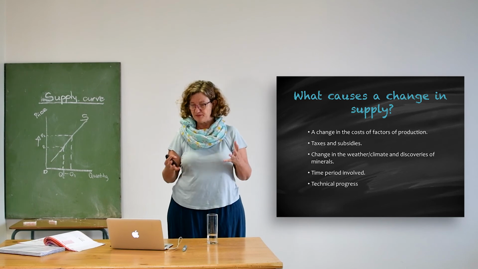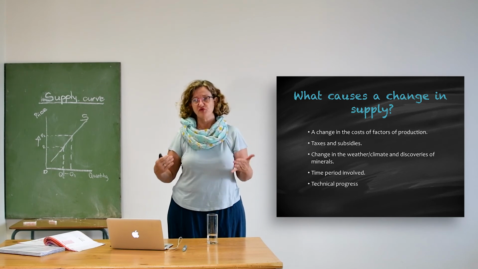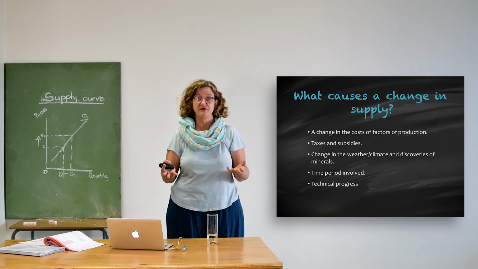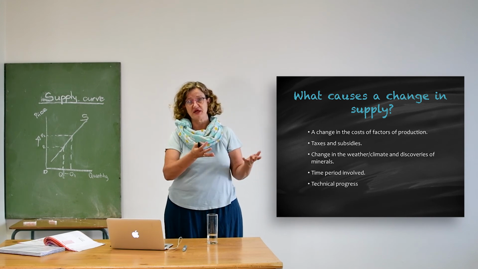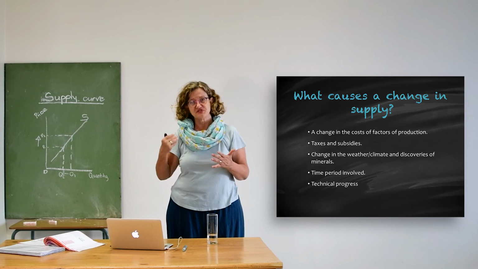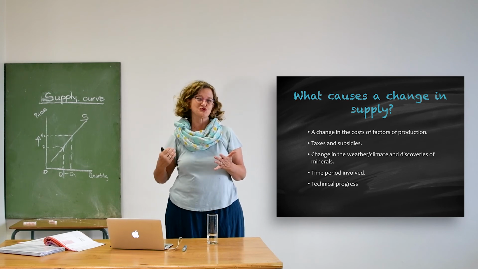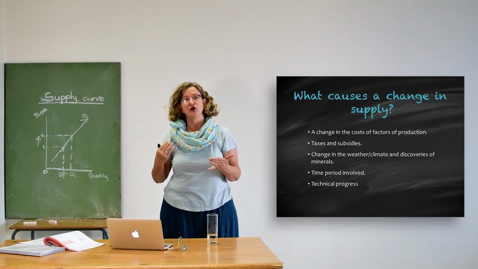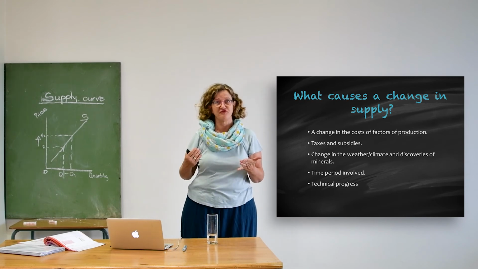Then the time period involved. For example, if you plant carrots, it will take you 3 months before they are ready and you can put them on the market. So time will also influence whether you can supply a product or not. But time is not the only influence for a farmer.